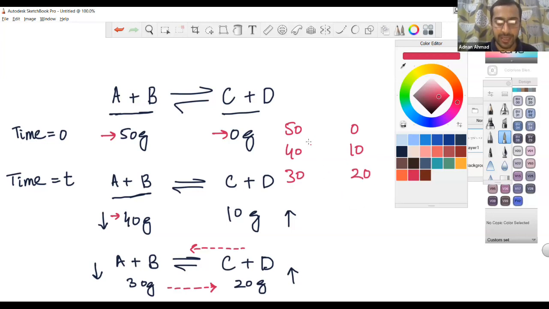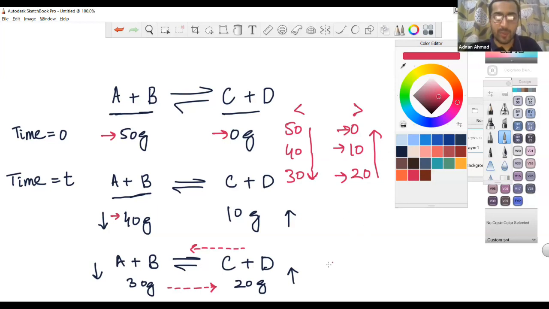So you can see that the concentration of the reactants is decreasing, and the concentration of the products is basically increasing, right? So we can write the symbols here. It is decreasing, and this is increasing, right?